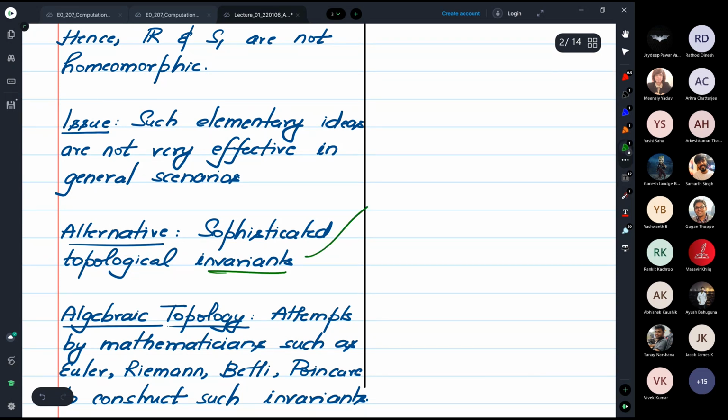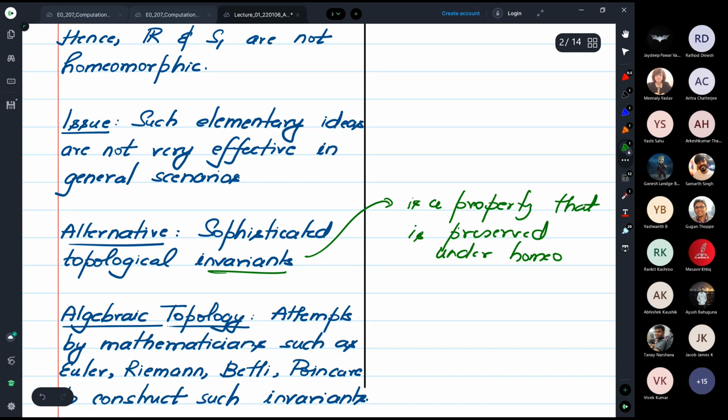An invariant is a property that is preserved under homeomorphisms, which means that if two objects are indeed homeomorphic, then if this property is satisfied by one space, we require that the homeomorphic space should also satisfy the same property.